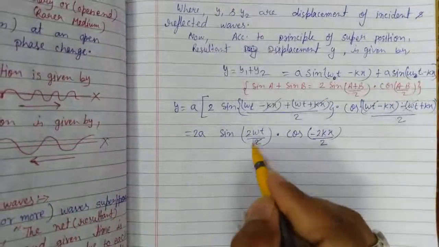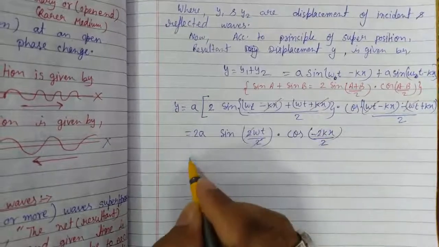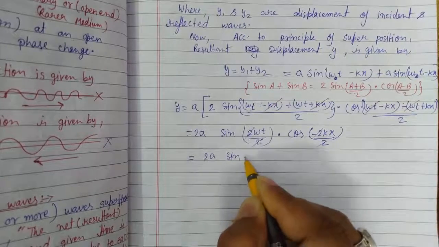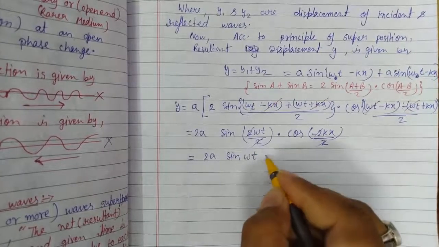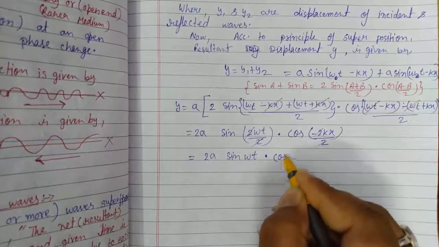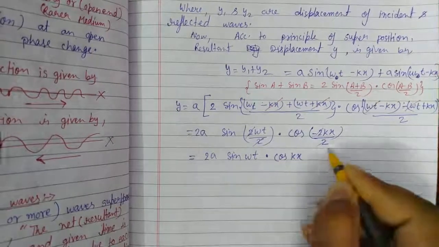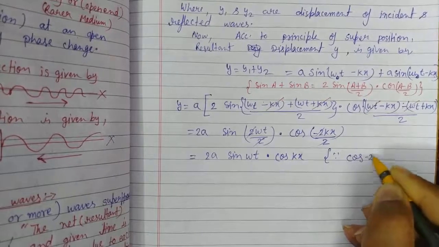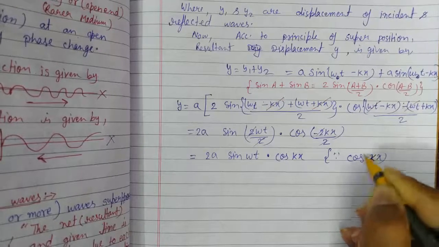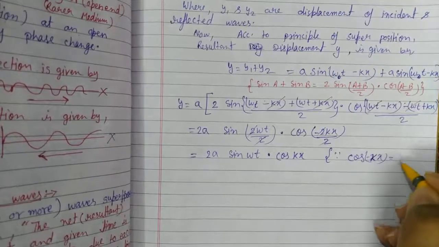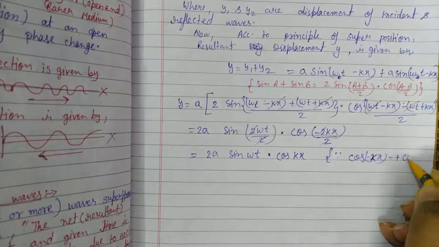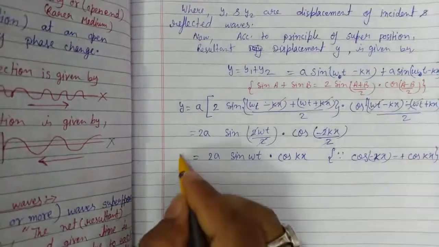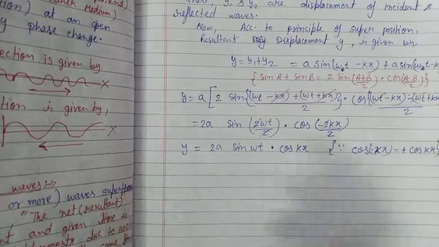The 2s cancel, and we get 2a sine omega t into cos kx. Here cos of minus kx is in the fourth quadrant, which is positive, so cos kx. This is the displacement.